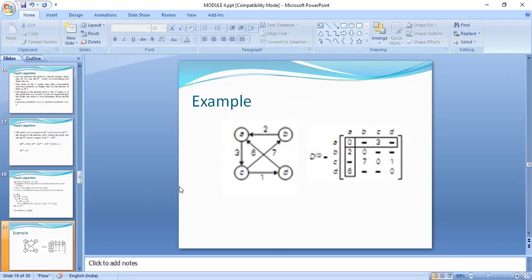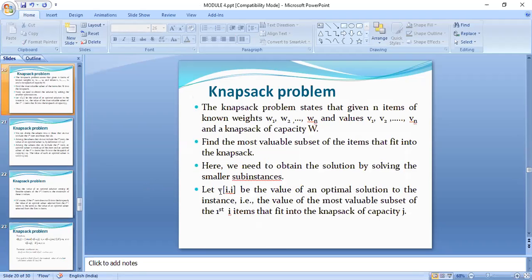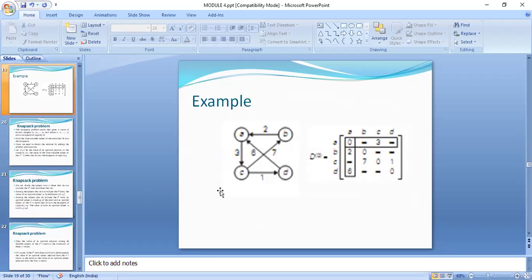So once you complete this, we'll be moving on to the next, the knapsack problem. But before going into the knapsack problem, I would request you to take any two exercises. Take your textbook, Levitin, or you can use the textbook Fundamentals of Algorithms by Horowitz and Sahni. You can verify that book also.